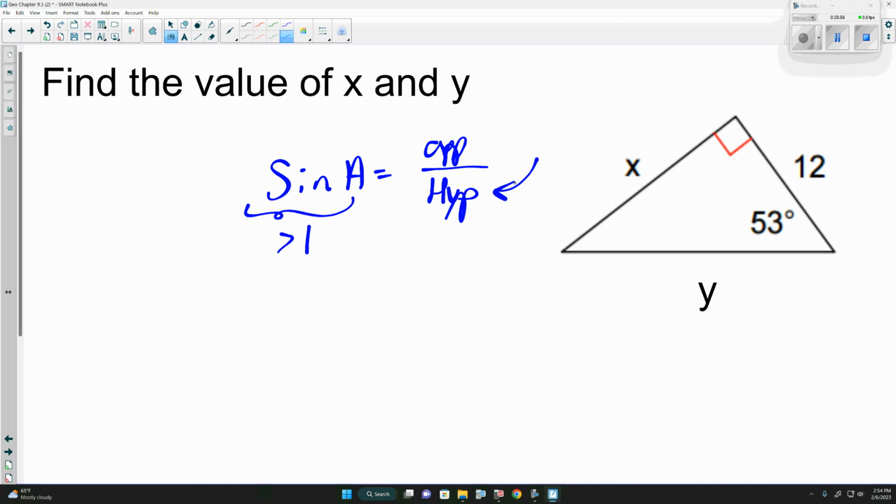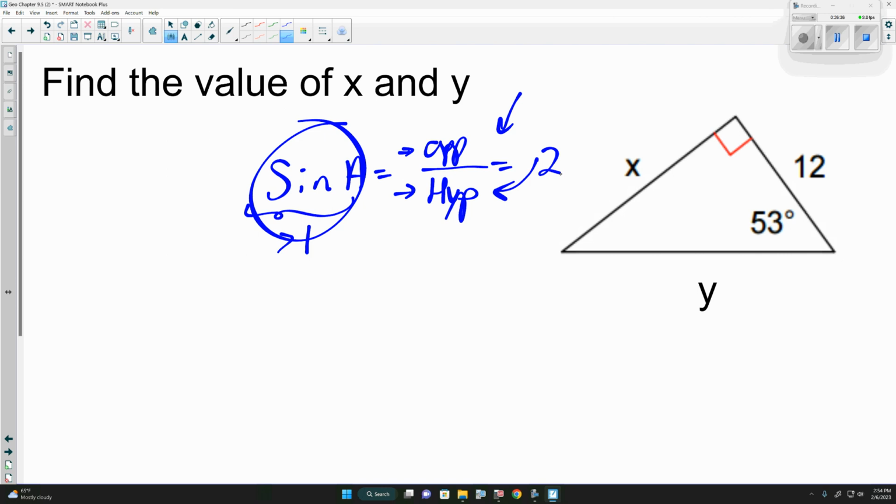For a fraction to be greater than 1, which has to be bigger, the top or the bottom? For this to be 2, the opposite would have to be bigger than the hypotenuse. Will the opposite side ever be bigger than the hypotenuse? So could this ever be greater than 1?